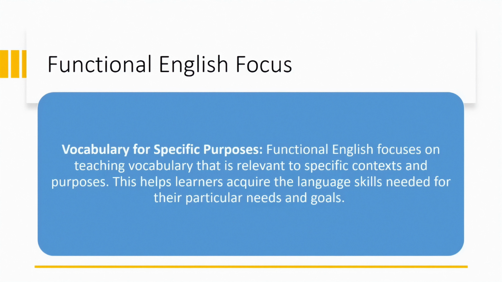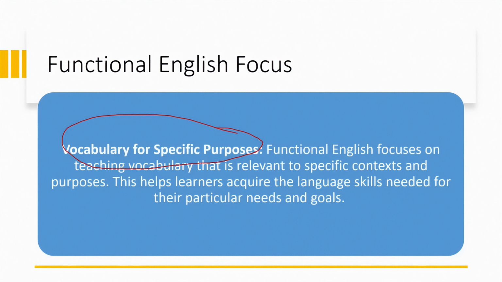Functional English focuses on vocabulary that is related to specific objectives. For example, if a student is studying mass comm, he or she would be taught vocabulary that is related to his or her field.